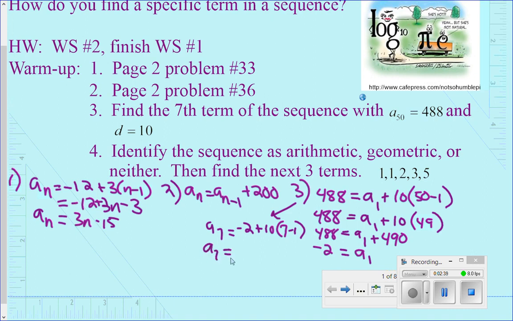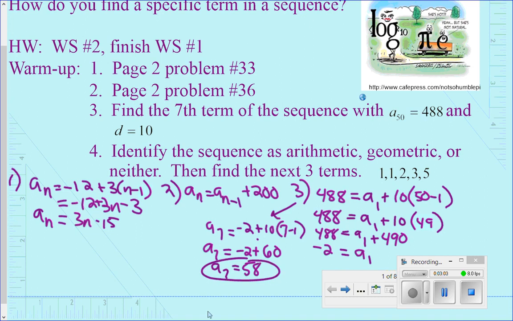So the 7th term equals negative 2 plus 10 times 6, since 7 minus 1 is 6. So 6 times 10 is 60. And 60 minus 2 is 58. So the 7th term is 58.